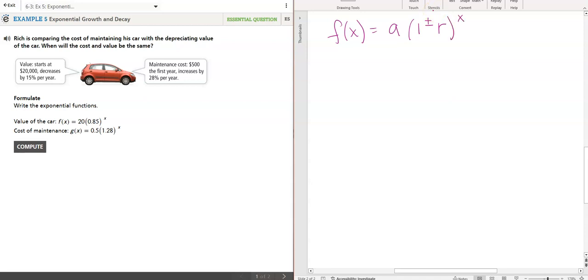So for his first one, the value of the car is decreasing. So it starts at 20,000. And then we're timesing this 1 minus the 15%. And that's where they're getting the 0.85, because 1 take away the 15% makes the 85%.